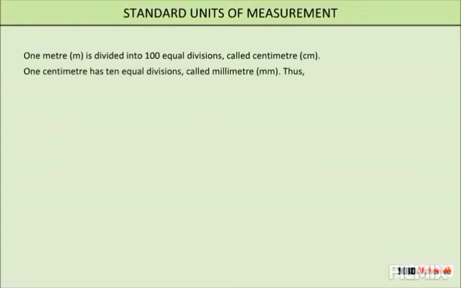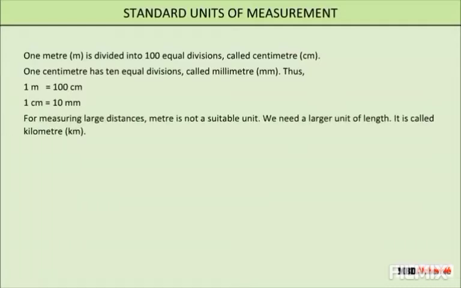In our small scale we can see that 1 centimeter has 10 equal divisions. There are small lines between 1 centimeter, which are known as millimeters. So 1 meter is equal to 100 centimeters and 1 centimeter is equal to 10 millimeters.